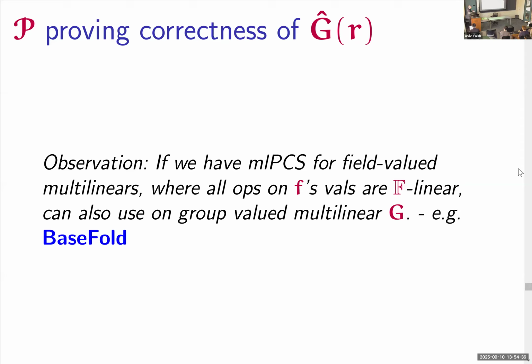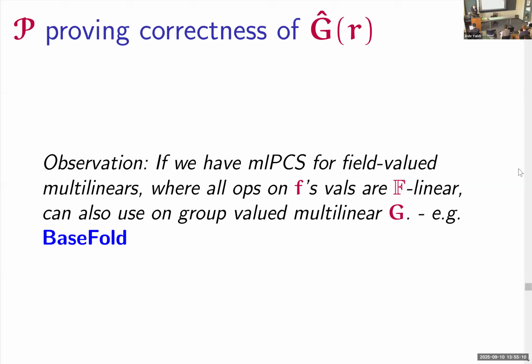Basically, in our scheme, the prover and verifier will use basefold, or a group version of basefold, to prove that the value of G of R is correct. Now, I thought to say a few words about how basefold works, but I don't know what the time is.